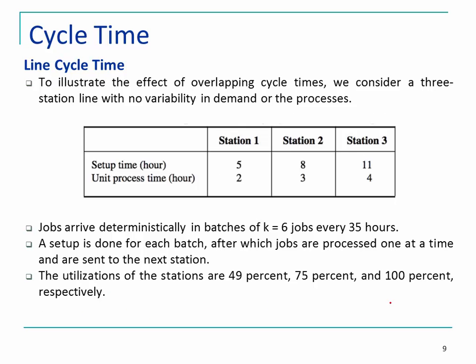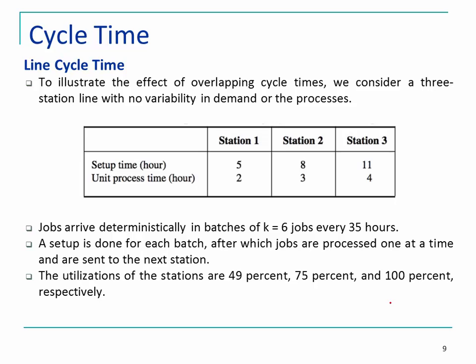Okay, so here's the example. To illustrate the effect of overlapping cycle times, we consider a 3-station line with no variability in demand or process. So we are making everything very simple in order to illustrate this point. We have a setup time for each of the stations, and a unit processing time for each of the stations from 1 to 3. Jobs arrive deterministically, so again, no variability.